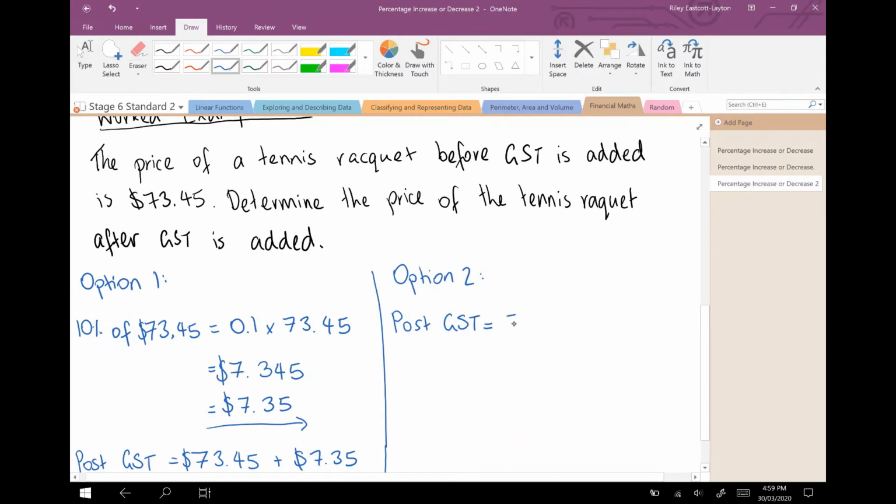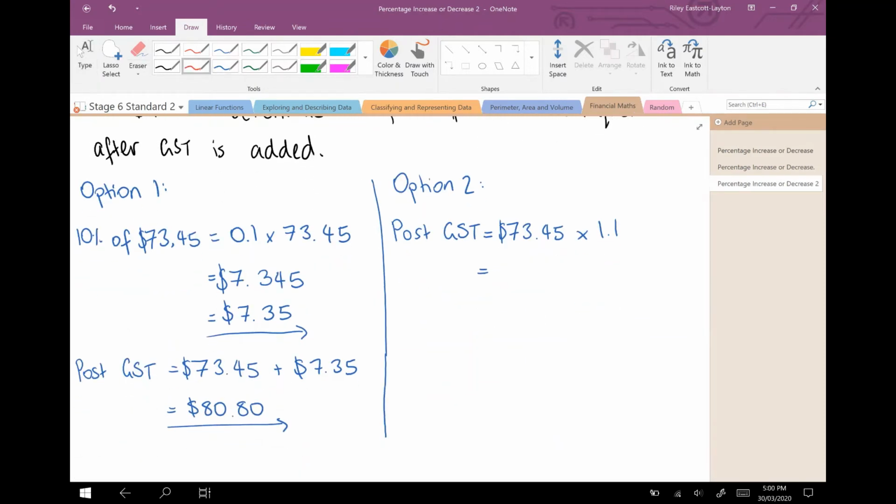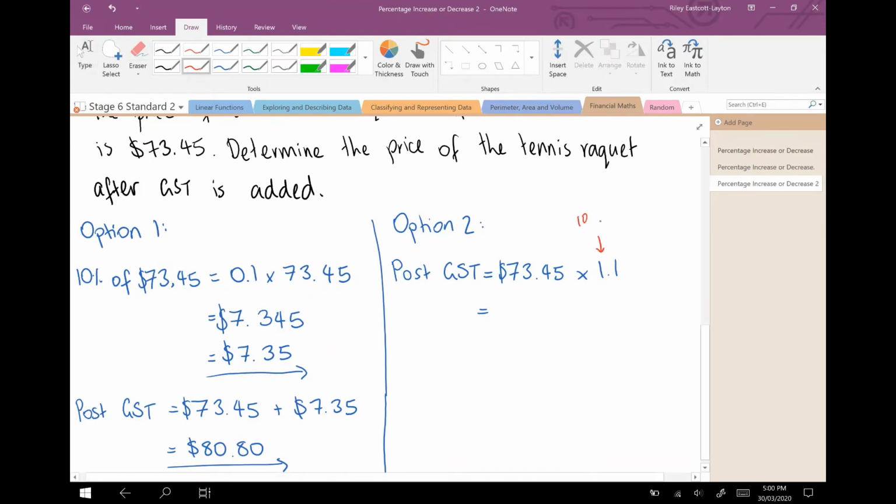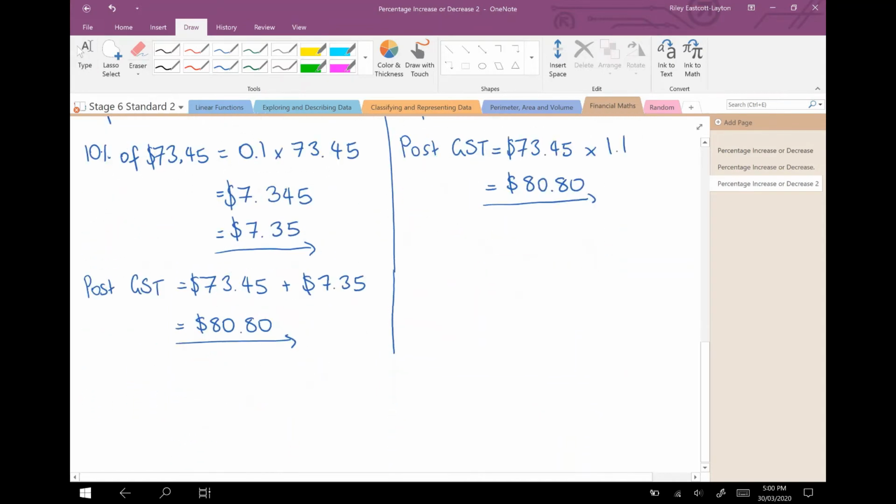So it's going to be $73.45 times by 1.1, which, if you remember back to before, this is actually 100% plus our 10%, 110%, which is 1.1. Alright, just to keep that in the forefront of your mind. So put that in your calculator and you will get $80.80, like so. So it's just a little bit shorter.